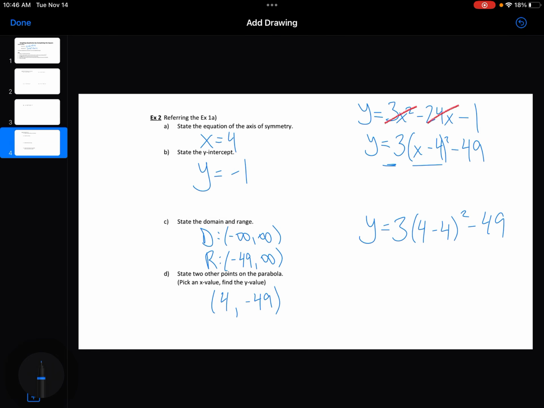Okay, that's my vertex. And then I could say like y equals 3 times 0 minus 4 squared minus 49. So we're going to get 3 times 16, because negative 4 squared is 16, minus 49. So we get 48 minus 49 is negative 1. So then I would get 0 and negative 1.